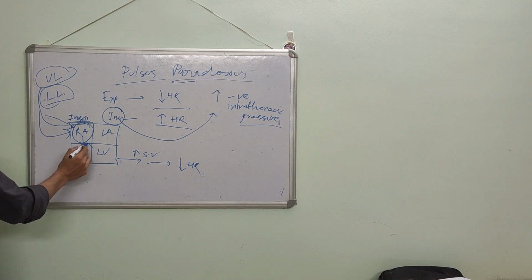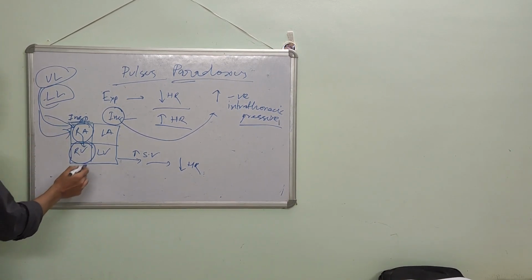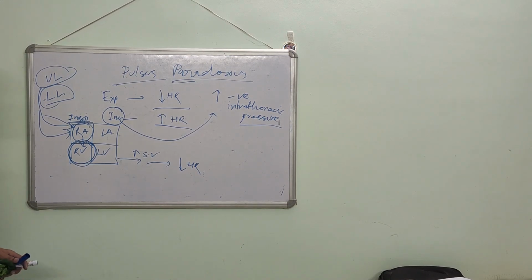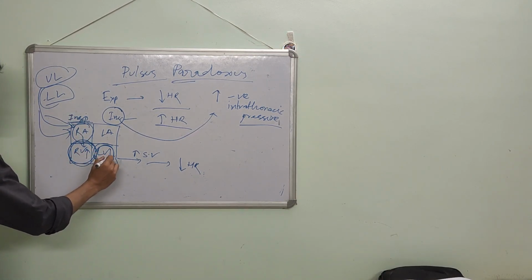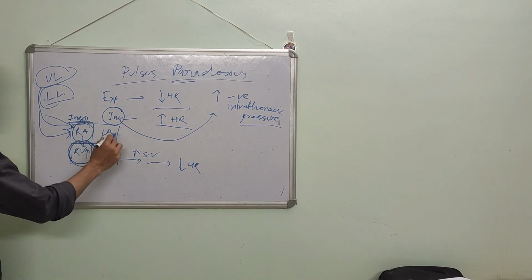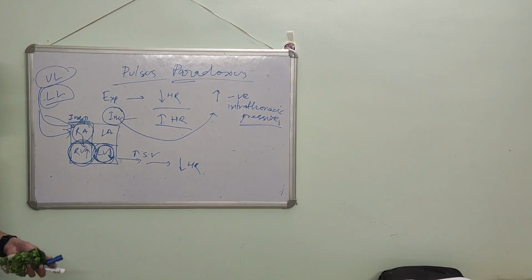There will be more blood in the right ventricle, and if the right ventricular volume is increased, since the volume of the heart is fixed because it is covered with a membrane, the left ventricle volume will be decreased, right? If one increases, the other will decrease because the total space is fixed.